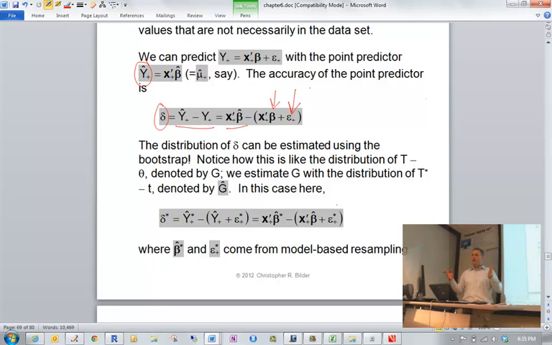But this is where, if somehow you knew what delta was, and you somehow knew the distribution for delta, well, what would then be a corresponding interval?